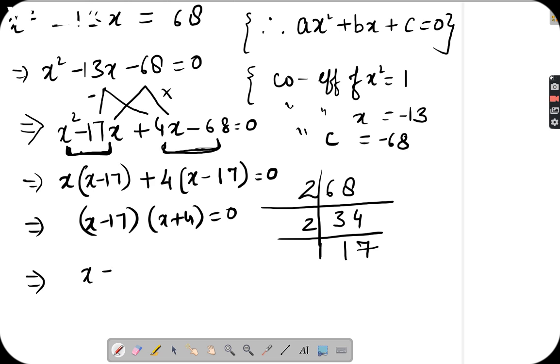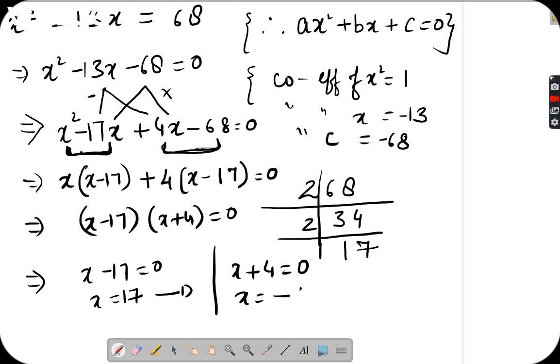So now x minus 17 equals 0, x is equal to 17. This is solution number 1. And x plus 4 is equal to 0, so x is equal to minus 4. This is solution number 2.